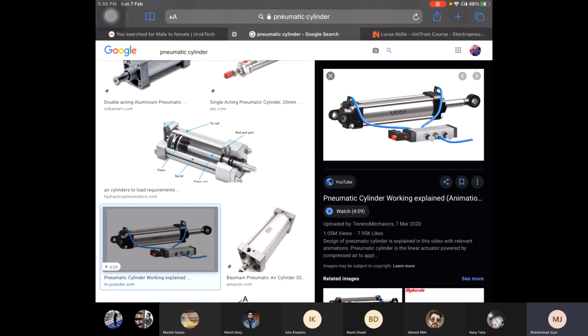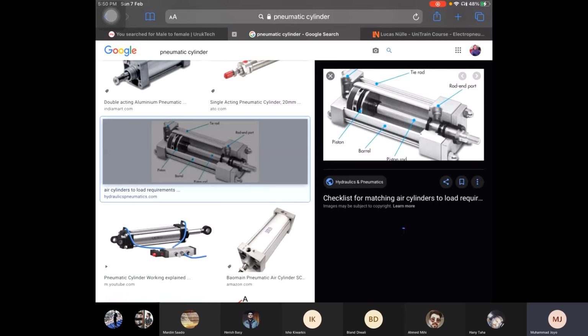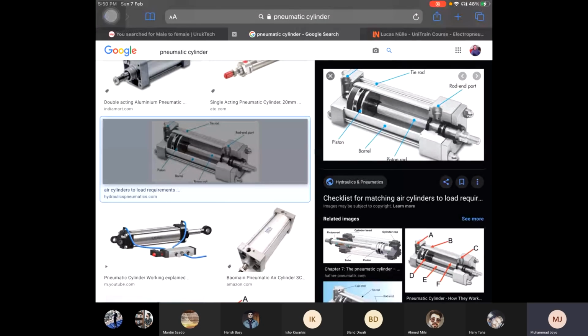The smaller part here is basically a valve. This valve is responsible for channeling in which direction the air should flow. We'll be discussing in later classes how the pneumatic system works and how the valves work. So, the basic thing is what the inside of a cylinder looks like. There is a piston inside, and it moves based on the direction in which the air is flowing.